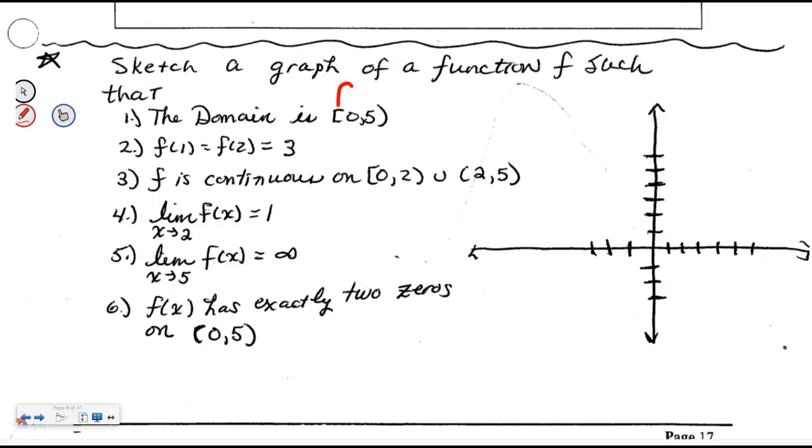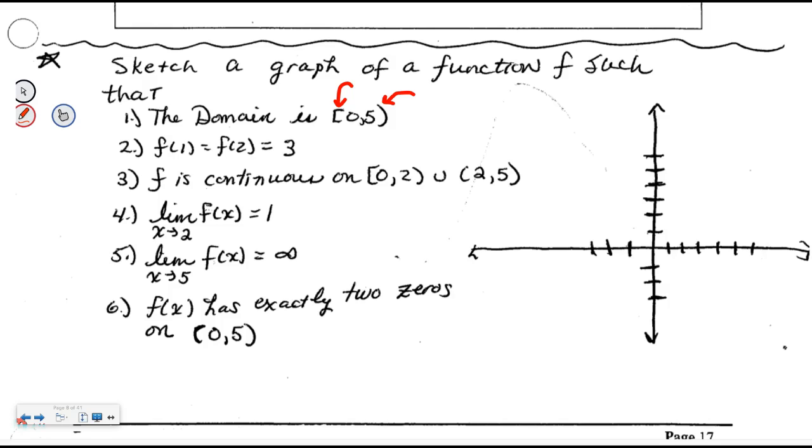When this is closed, it means I must stop at 0, a solid dot there, done, right? When this is open, it means one of 2 things. What's one of the things? It could go to infinity. I could have an asymptote there. I'll need to read on to see, right? Or what could be there if there's a wimpy bracket?